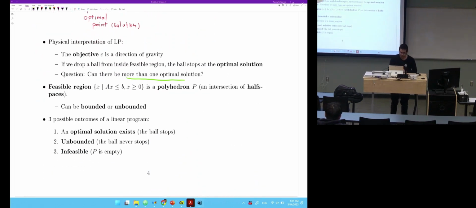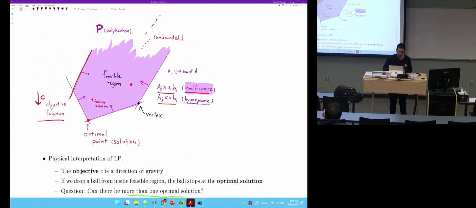Given any linear program, there are three possible outcomes. The first case is when an optimal solution exists. Another case is when it's unbounded. That is, if the polyhedron is unbounded, and let's say your objective goes in this direction, then you can go infinitely. That's when we say that it's unbounded.